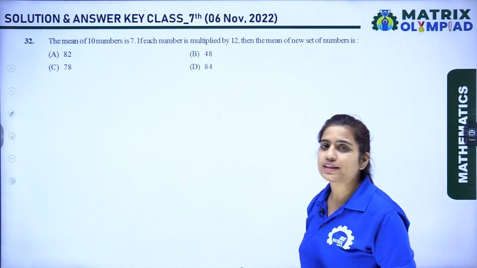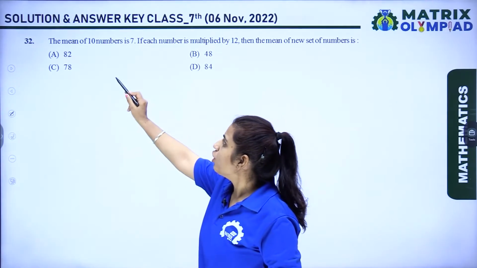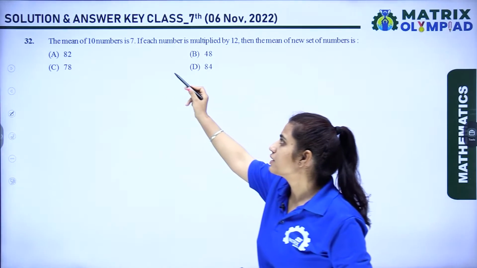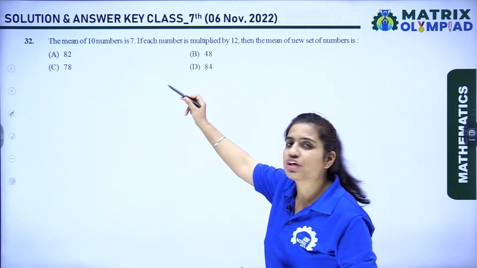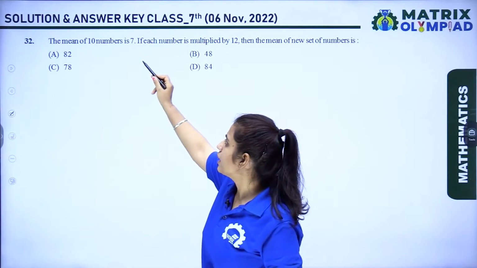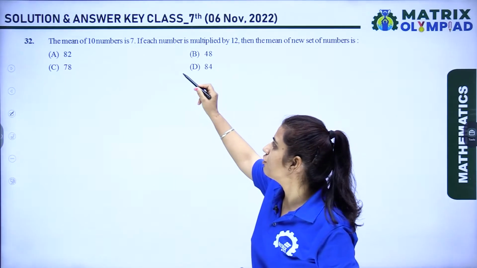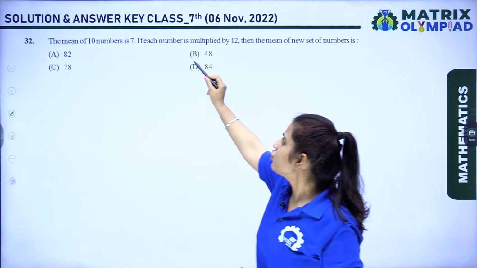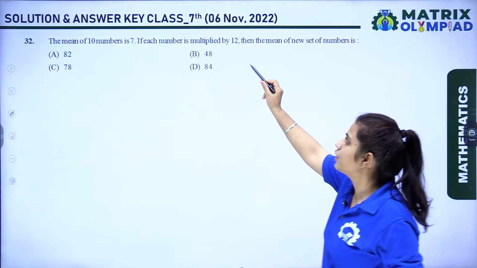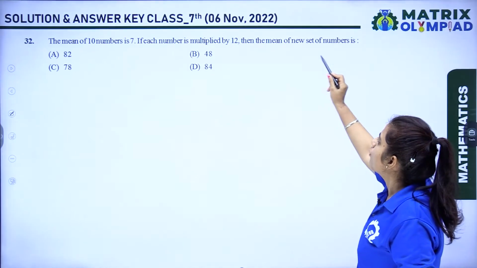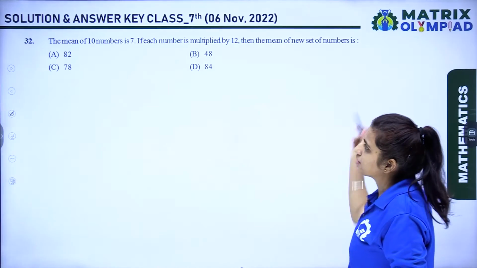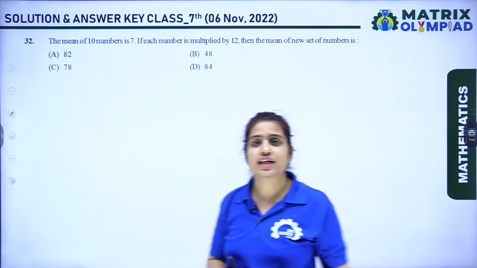Now, question number 32. The mean of 10 numbers is 7. So here we are given the mean, that is 7, of 10 numbers. If each number is multiplied by 12, then the mean of the new set of numbers is. Now here we have to find out the mean.